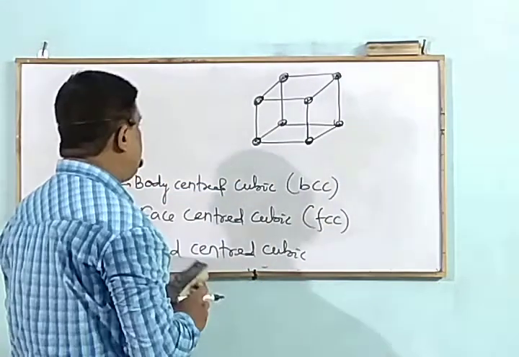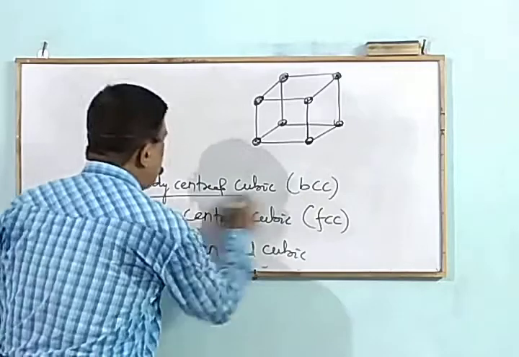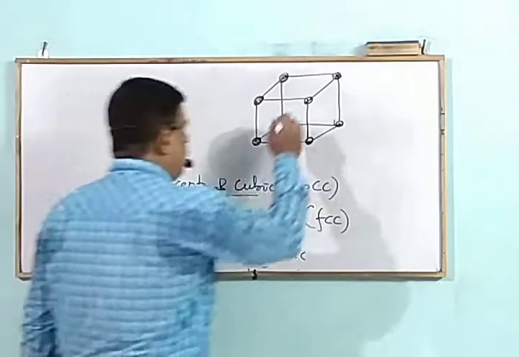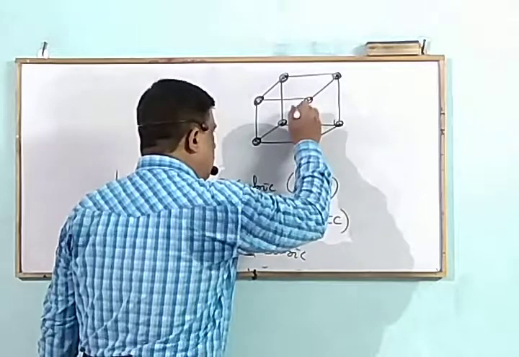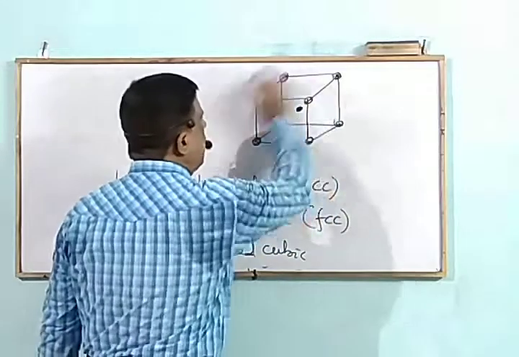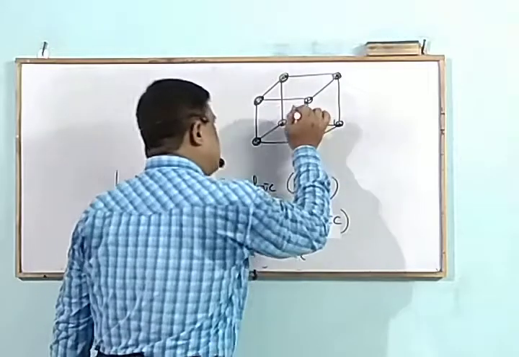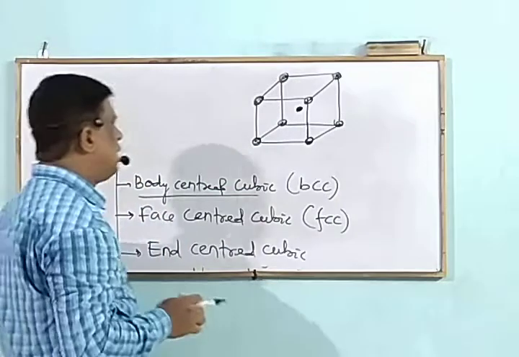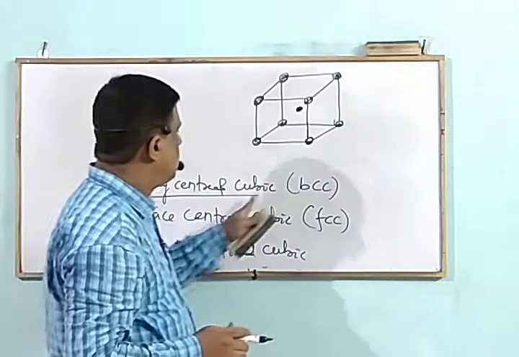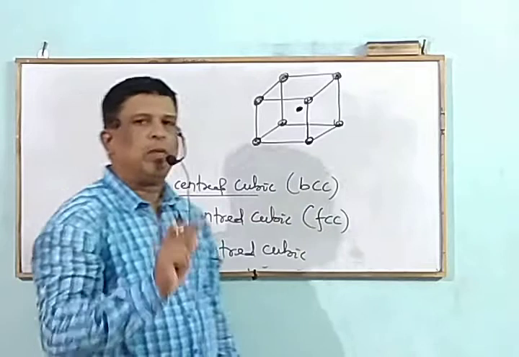In addition to the 8 corners, another one atom is there at the body. If we take the whole as a body, then at the center of it another one atom is there. That is known as body centered cubic or BCC.